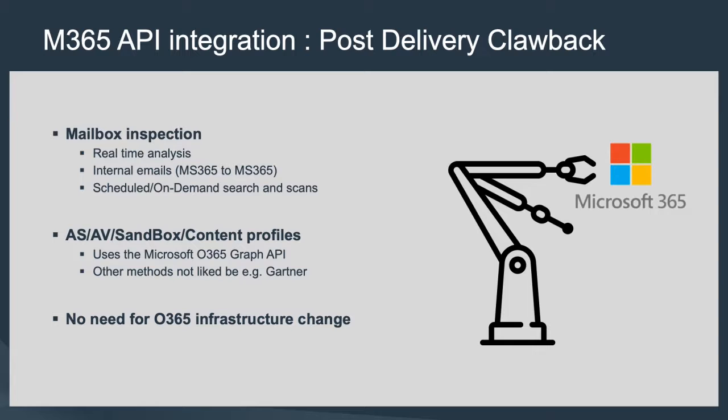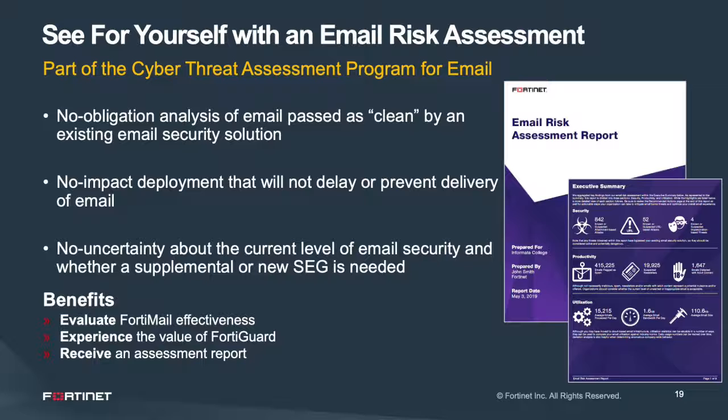Also, it can check the contents of your M365 implementation over the Graph API, which is still recognized today as O365 Graph API. There are a lot of methods that are not even demanded by Gartner that we are delivering here, and no change is required for the M365 infrastructure.